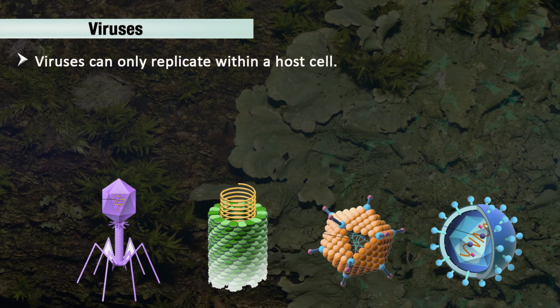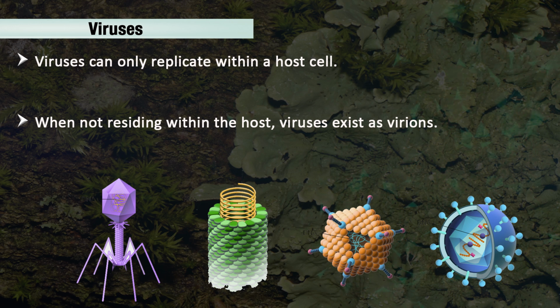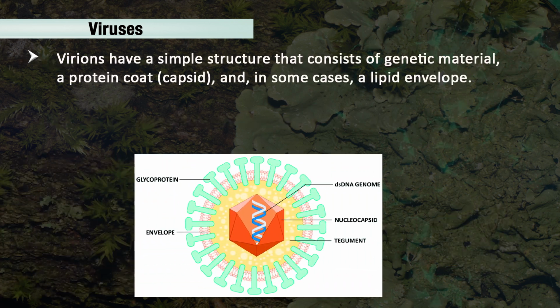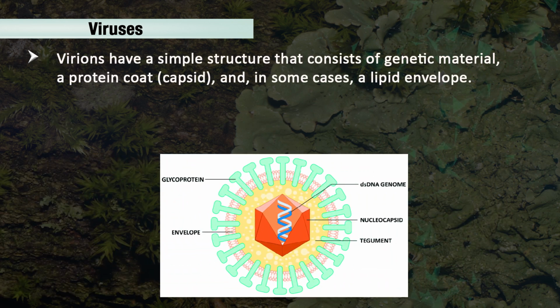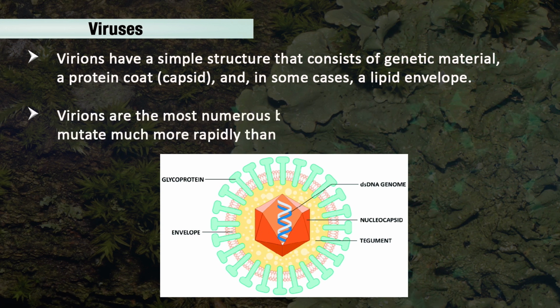Viruses can only replicate within a host cell. When not residing within the host, viruses exist as virions. Virions have a simple structure that consists of genetic material, a protein coat which is known as capsid, and in some cases an envelope of lipid.